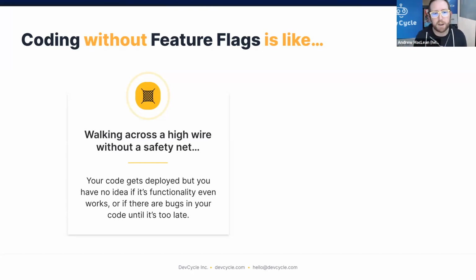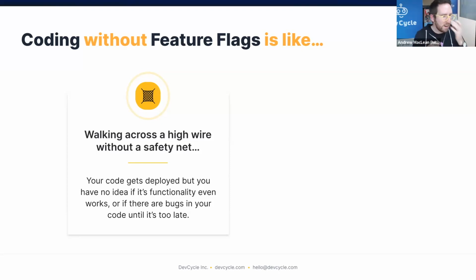Maybe you think you figured it all out in your staging and QA environments, and then it gets into prod, and now something goes very wrong. Feature flags provide you a fix for this. They give you a safety net when you're crossing that high wire of releasing features into production.